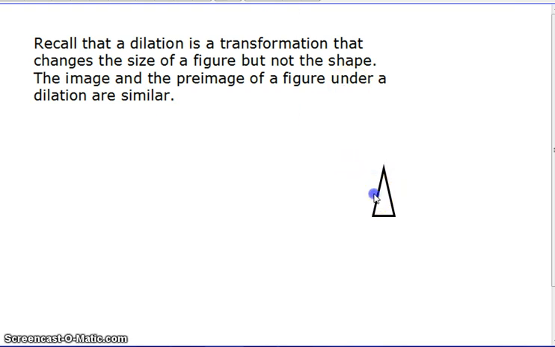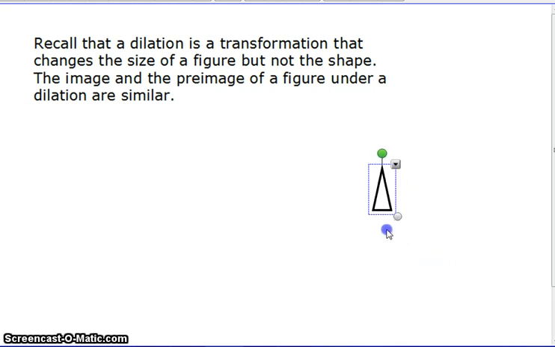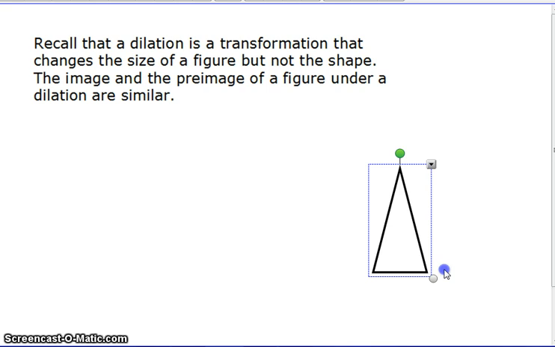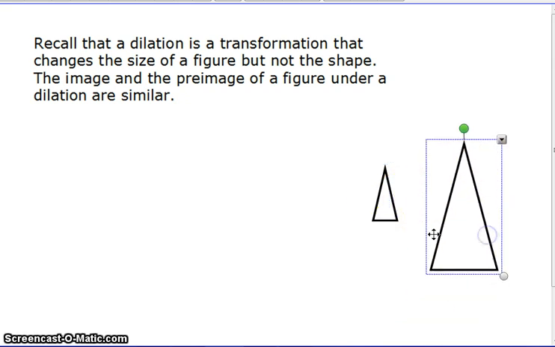A dilation won't change the shape, but it's kind of like what I'm doing when I do this, right? Good. The image and the pre-image of a figure under dilation are similar. So if I clone that, if this here is the pre-image and this is the image, look, they're similar.